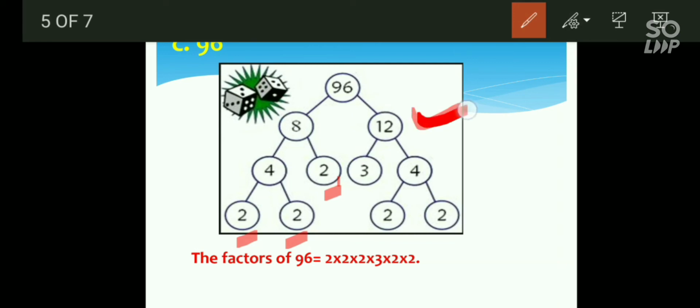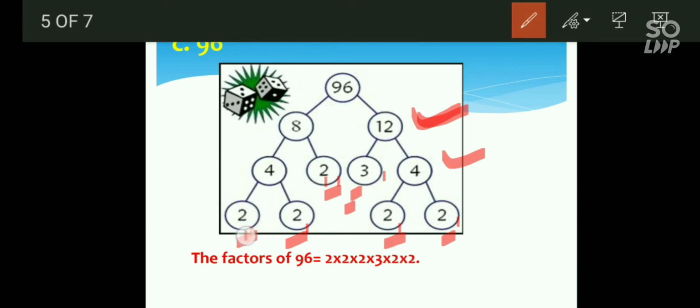Now 12 we can split into 3 into 4. 3 is a prime number, and 4 can be split into 2 into 2. In this manner, all these 2, 2, 2, 3, 2, 2 are the prime factors. Therefore, the prime factors of 96 are 2 into 2 into 2 into 2 into 2 into 3.